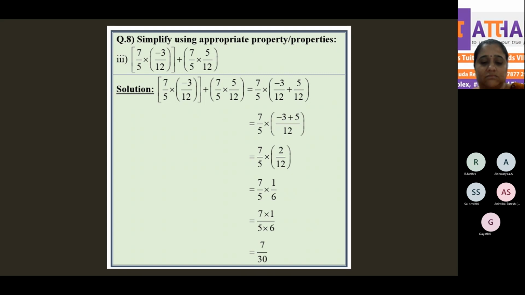Written, ma'am. Sai Smriti, are you there?